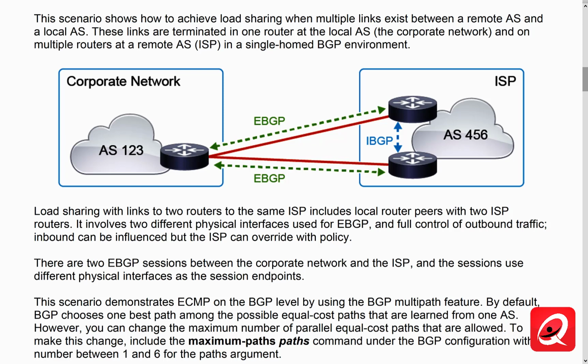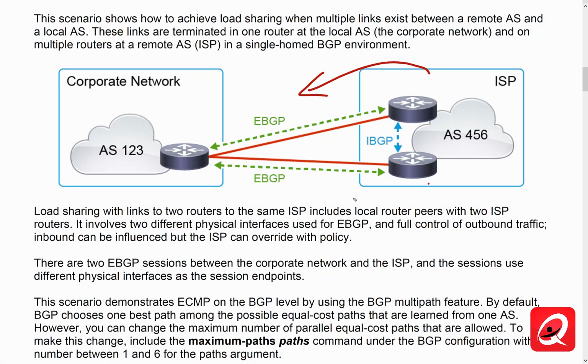We have the same ISP connection, two different physical circuit paths, two different eBGP peering relationships, and we have control over how traffic leaves our network or how traffic comes into the network. As far as influencing how traffic leaves the ISP and comes into the network, we have two options.